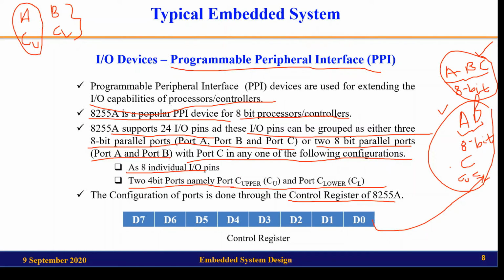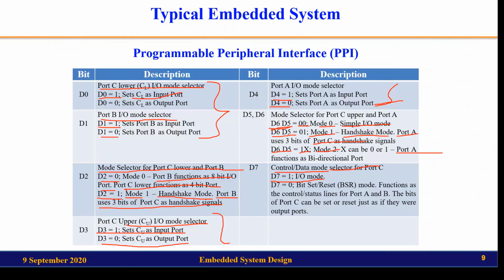Where D7 is equal to 1 represents the IO mode. That means whatever we have selected will be applied. And when D7 is equal to 0, that mode is called the BSR mode, or bit set reset mode.